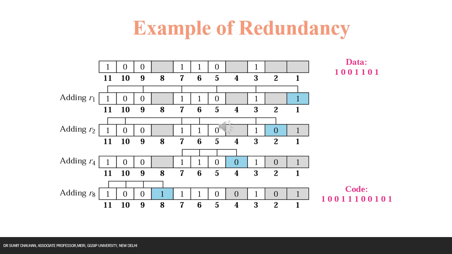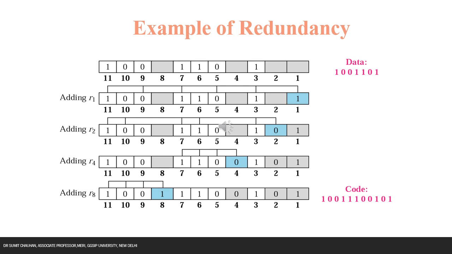So we'll try to make the number of ones at these positions even. Similarly, talking about R2, the positions are 2, 3, 6, 7, 10, 11, and at these positions the number of 1s should be even, so we'll put either 0 or 1 at R2.